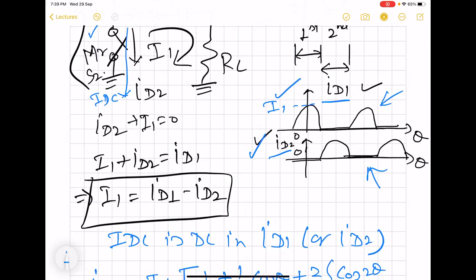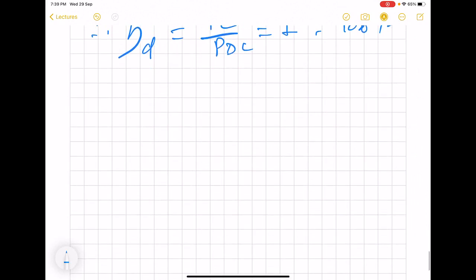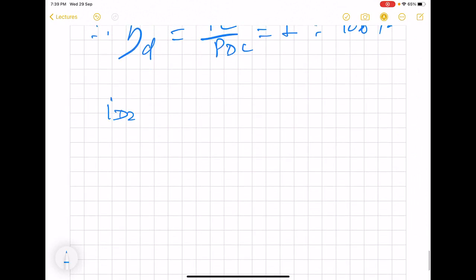Here we see that ID2 is a 180 degree shifted version of ID1. So ID2 is ID1 of theta minus 180 degrees.